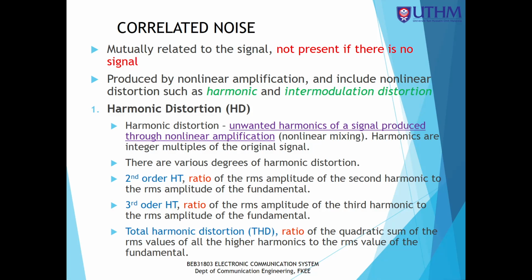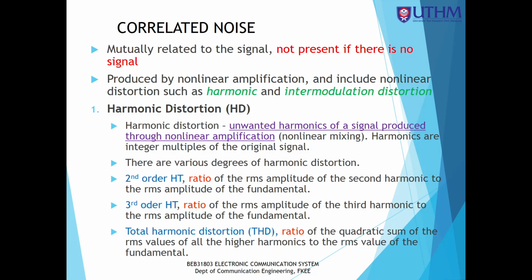Now we have seen the uncorrelated noise in the previous slides. Now let's look at correlated noise, the noise that is only present when there is a signal. Noise yang berlaku sekiranya ada input signal.